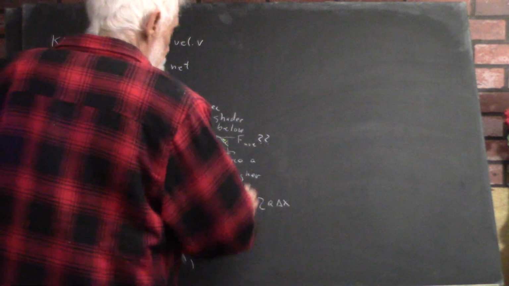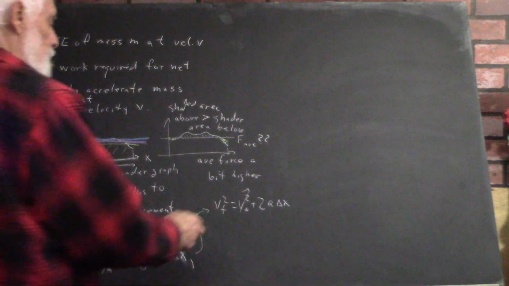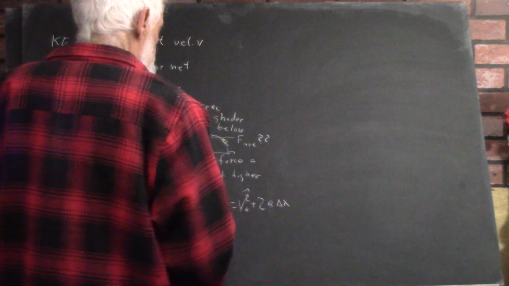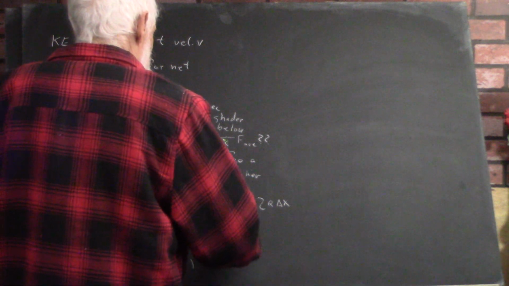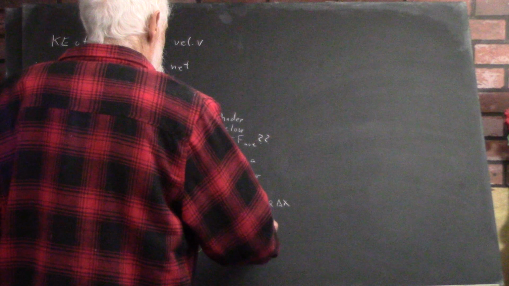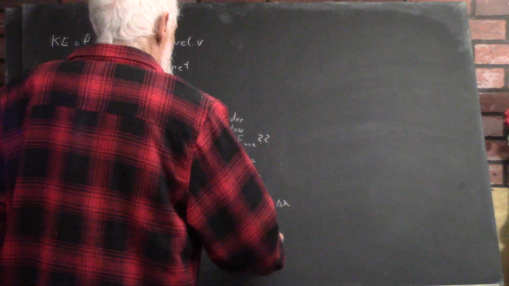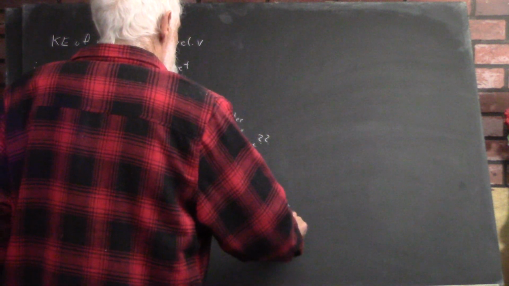Okay, then your V naught is 0, so Vf squared is 2a times delta x. So Vf squared is 2 F net over m times delta x.